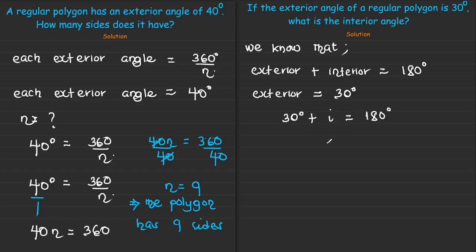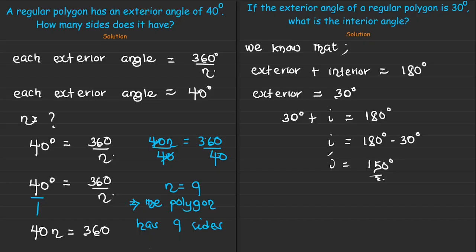It's all about making I the subject. So I is equal to 180 minus 30 degrees. 180 minus 30 gives us 150 degrees. As simple as you see. So it simply means the interior angle is 150 degrees.